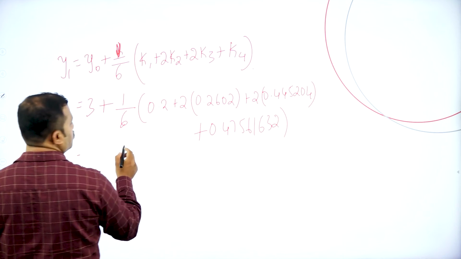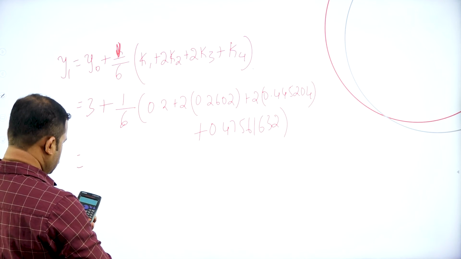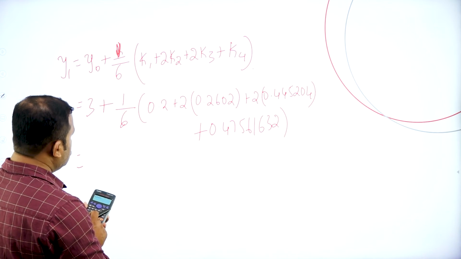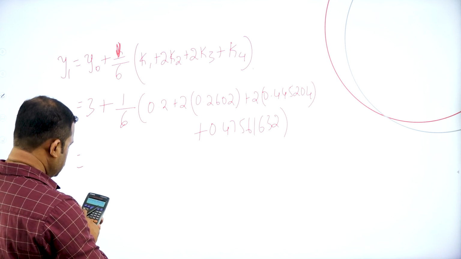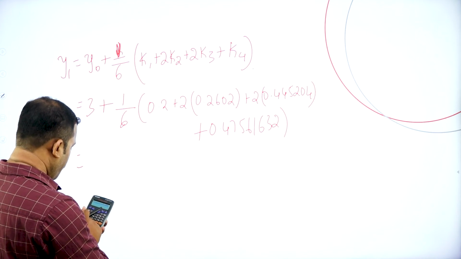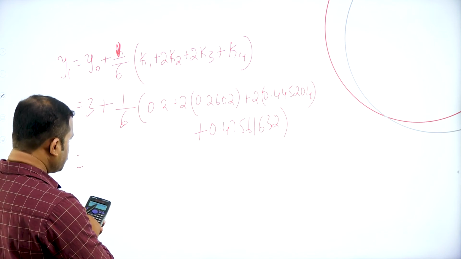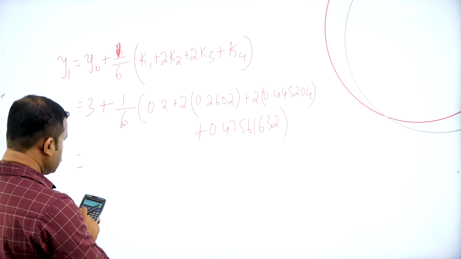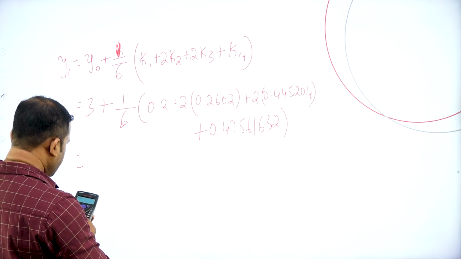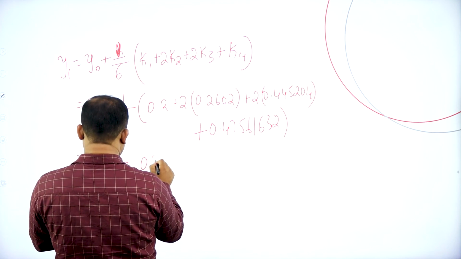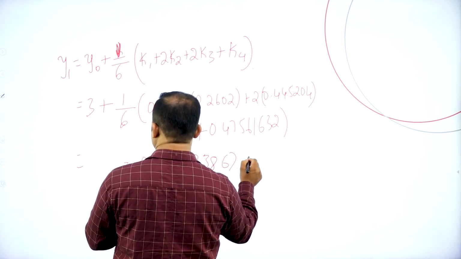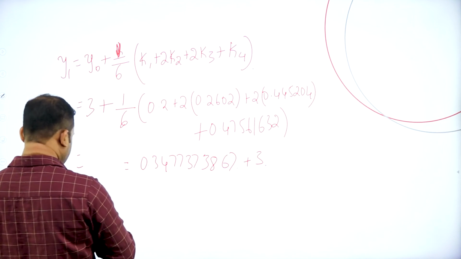If I do this operation, what is the value I am getting? That is 0.2 plus 2 times 0.2602 plus 2 times 0.445204 plus 0.47561632, which is equal to 2.086 divided by 6, which is equal to 0.3477373867 plus 3, that is 3.34.